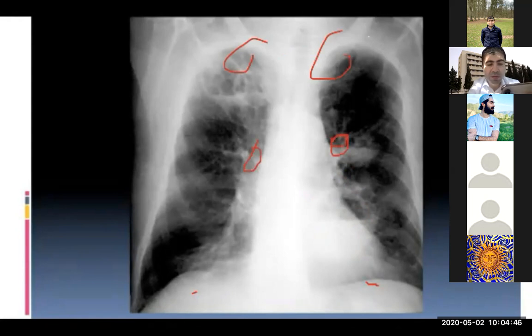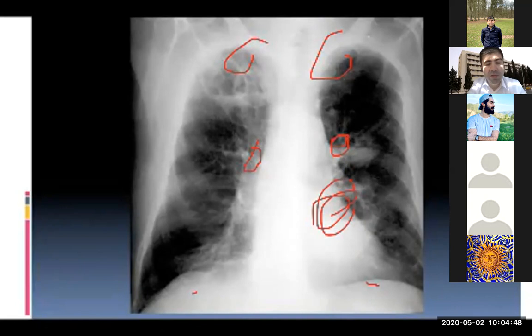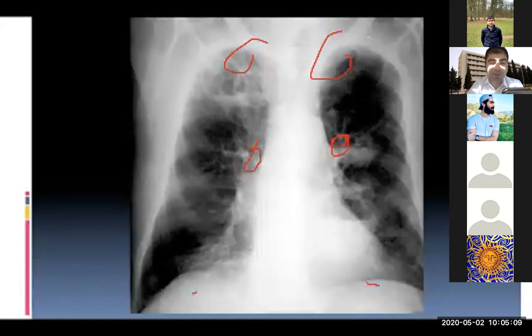So all these are hidden areas. So if you finish your checklist, you have to recheck again the hidden areas. So both apical areas and both hilar regions and retrocardiac and just below the diaphragm. So this is important, hidden area.